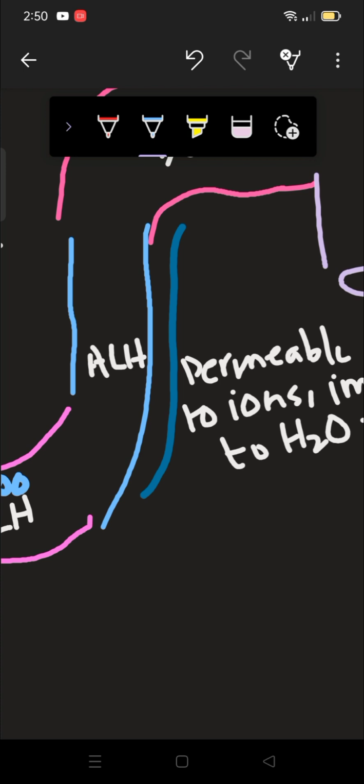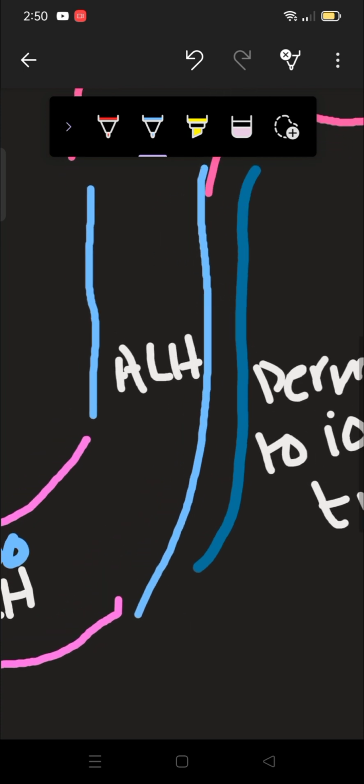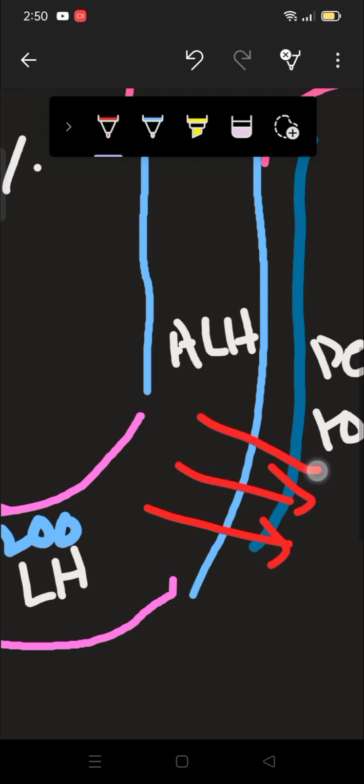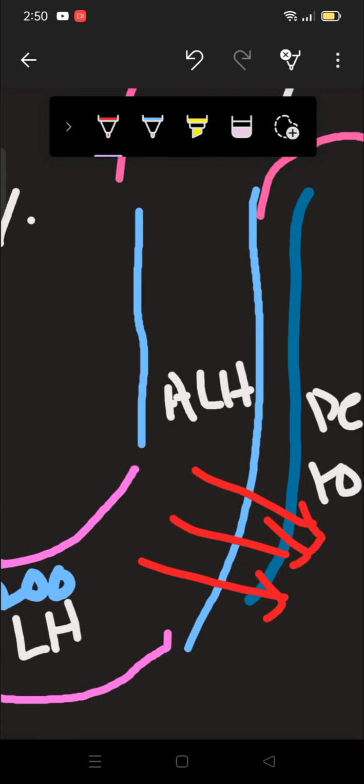Now when it goes up the ascending loop of Henle, as we know, the ascending loop of Henle is permeable to the ions, but not permeable to the water. So here all the ions would go out. When these ions go out, the concentration of ions would be low.